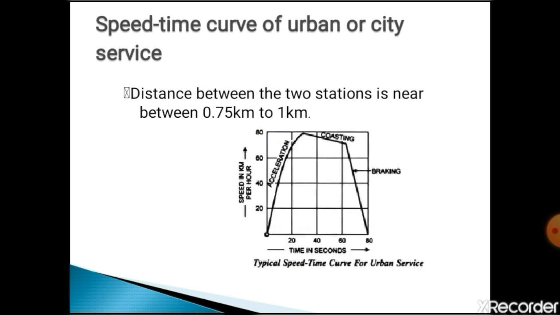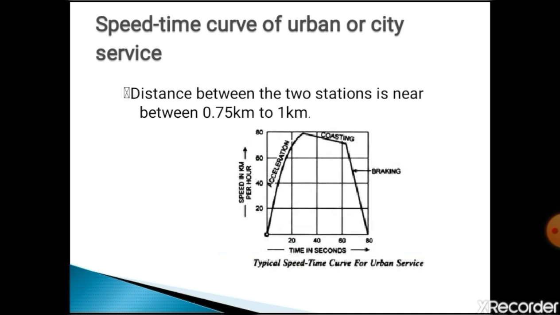Next we'll move on to the speed time curve for urban or city services. In this, the distance between two stations is between 0.75 kilometer and 1 kilometer. It consists of an acceleration period, coasting period and braking period.